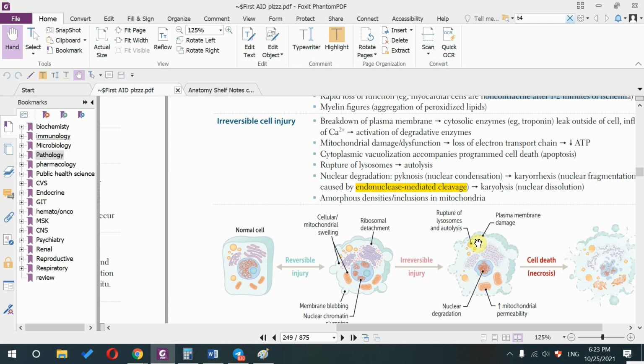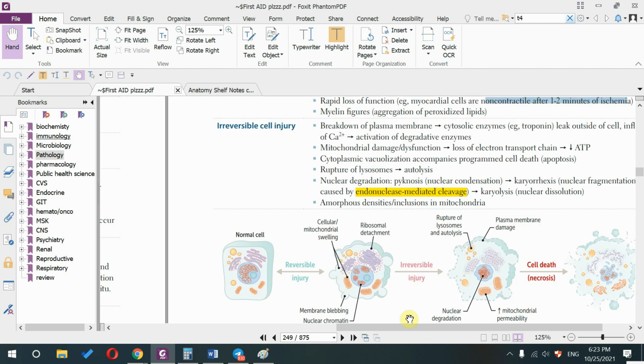Well, I want you to know one word. For reversible injury, it's swelling. Okay? Reversible injury of the cell, it's swelling. But if we say irreversible injury, we say tearing. Tearing, swelling. Swelling, tearing.